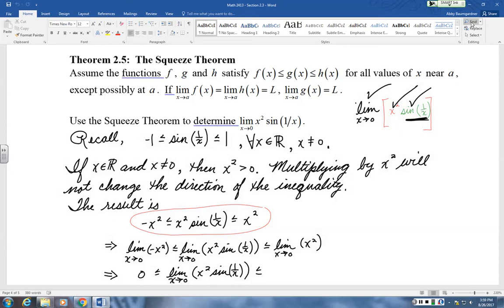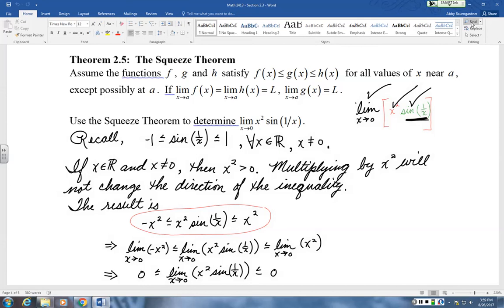So this is why we're doing the squeeze theorem, because we can't get at that actual limit. We can get at the limit of a negative x squared or the limit of a positive x squared, though. And we now have the scenario that we were talking about with Billy, Bobby, and Sue, right? We have 0 on the far left of the inequality and 0 on the far right of the inequality.